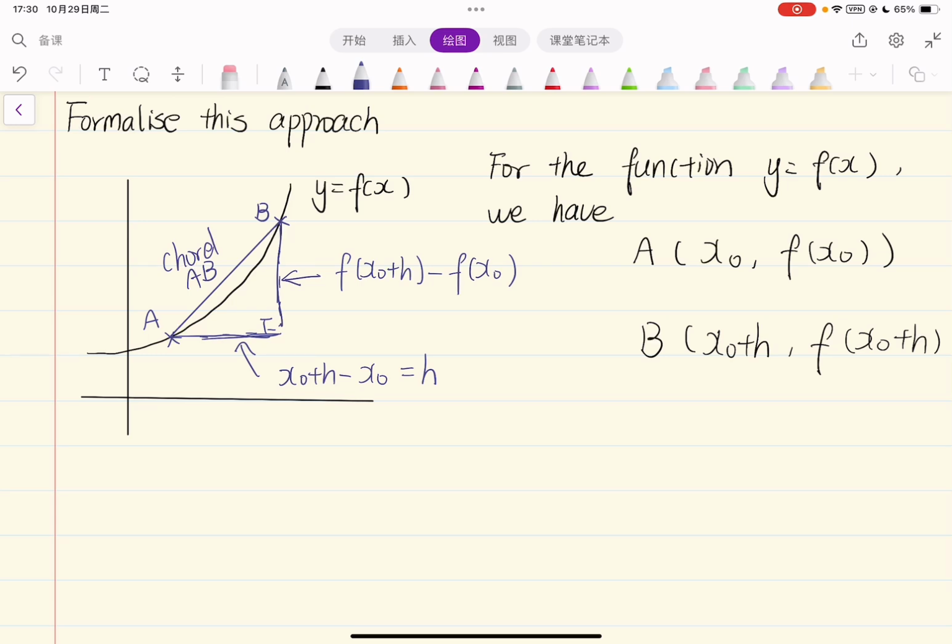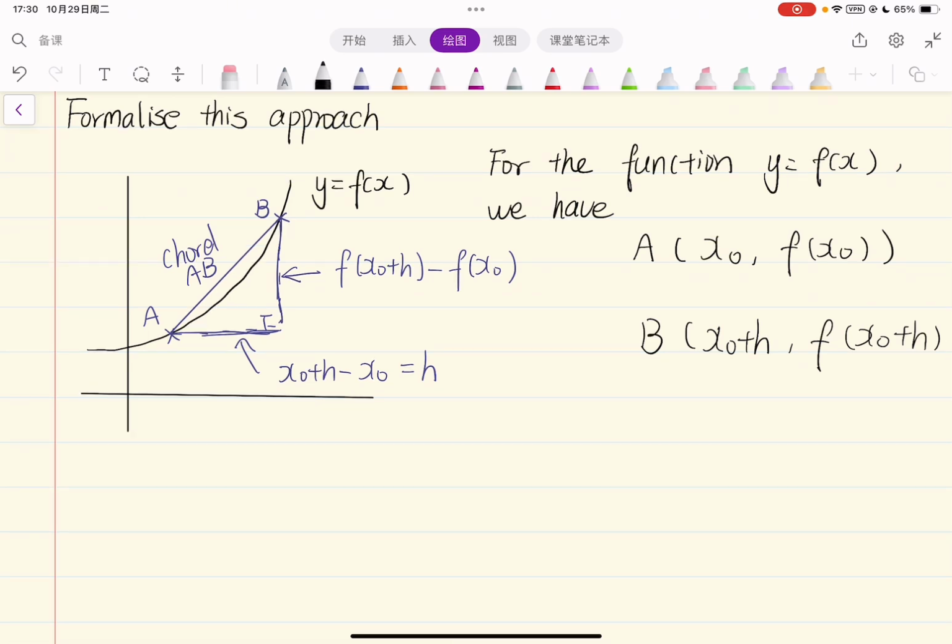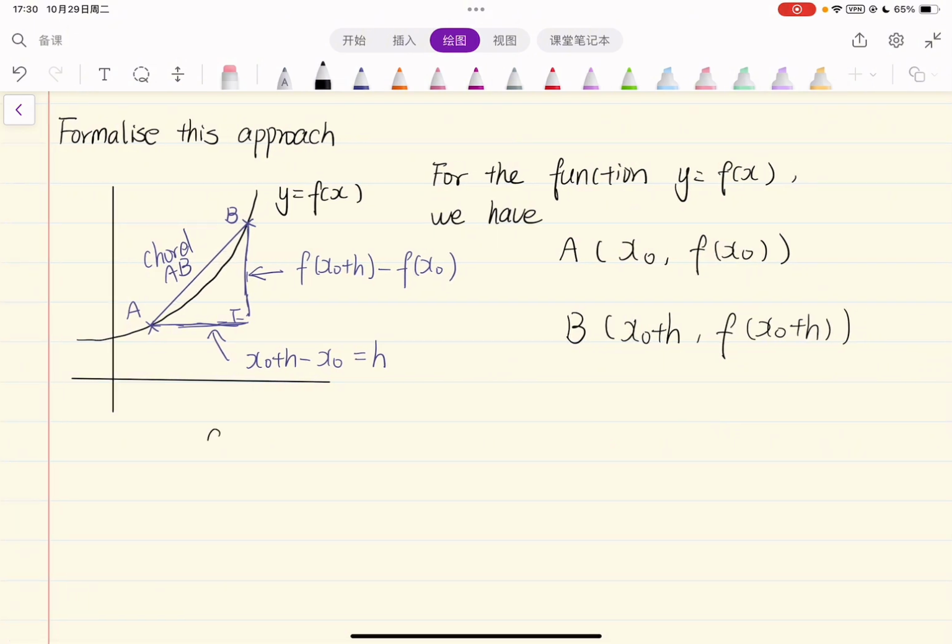So we can write down the gradient of AB equals f(x0 plus h) minus f(x0) over h.